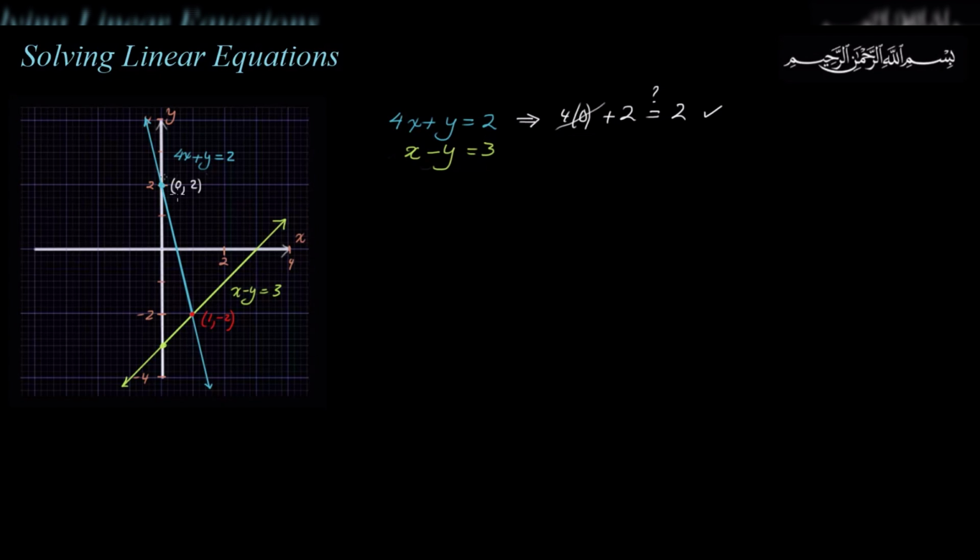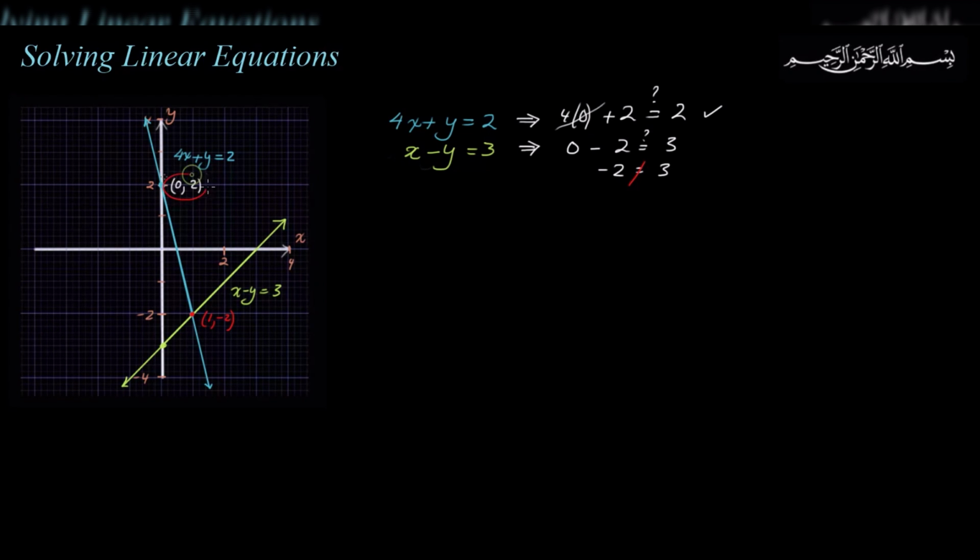Now this point (0, 2) is not on the green line. If you substitute that point in the green line equation, it will not work. So I substitute 0 for x and 2 for y, and do I get a 3? Well, this is -2. Does -2 equal 3? Not the last time I checked, so that's not true.